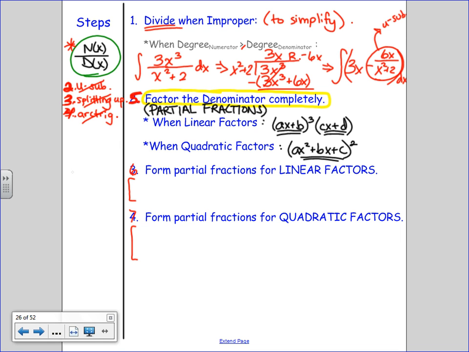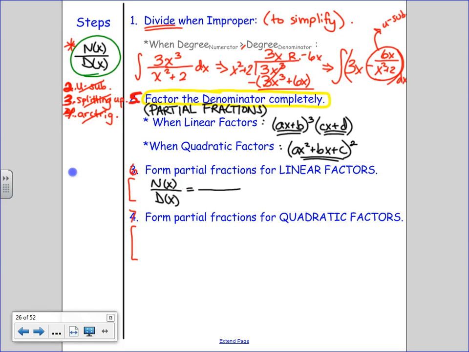First of all, I take my problem, a numerator n of x, or it could be p of x over q of x, f of x over g of x, n of x over d of x, and I am going to set it equal to, for linear factors, each one.